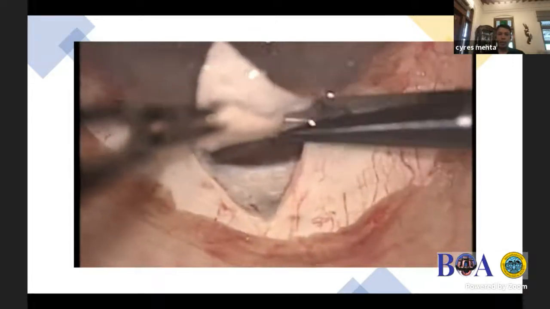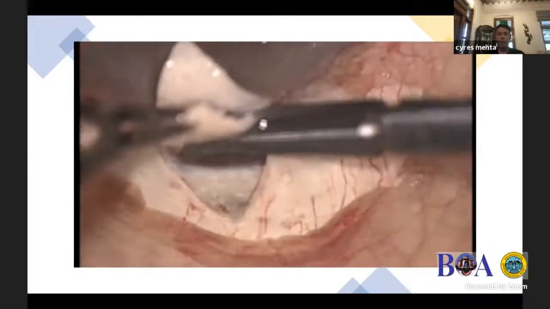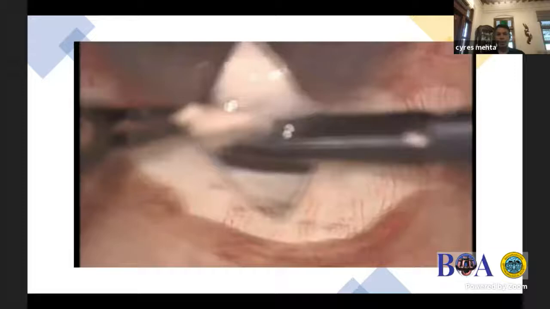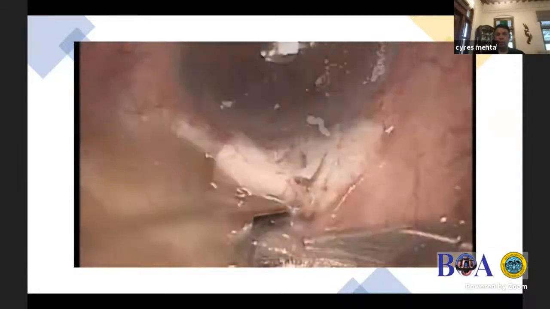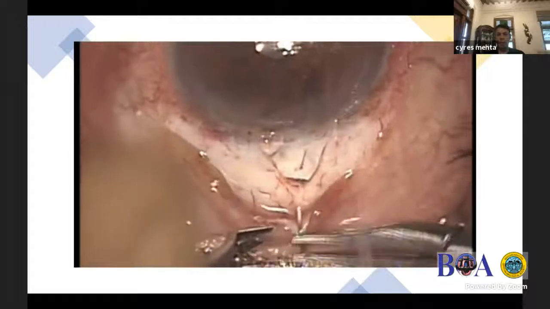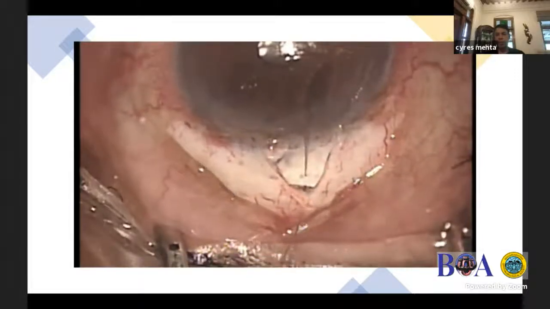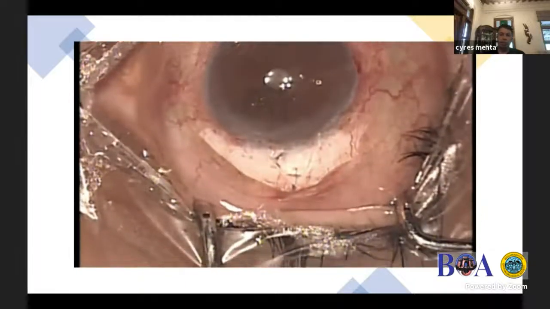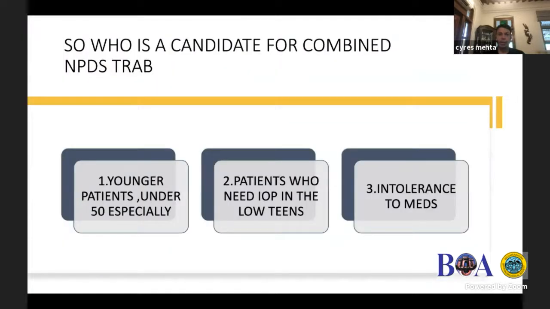Long-term IOP control was always an issue with this. It most often than not required YAG revision to blast a hole through the trabecular Descemet's membrane. And if you didn't have experience with using a YAG and a 3-mirror like this, it would be really an issue for most people. So this was the simple surgery. The issue was long-term success rate, and sometimes it needs YAG revision.